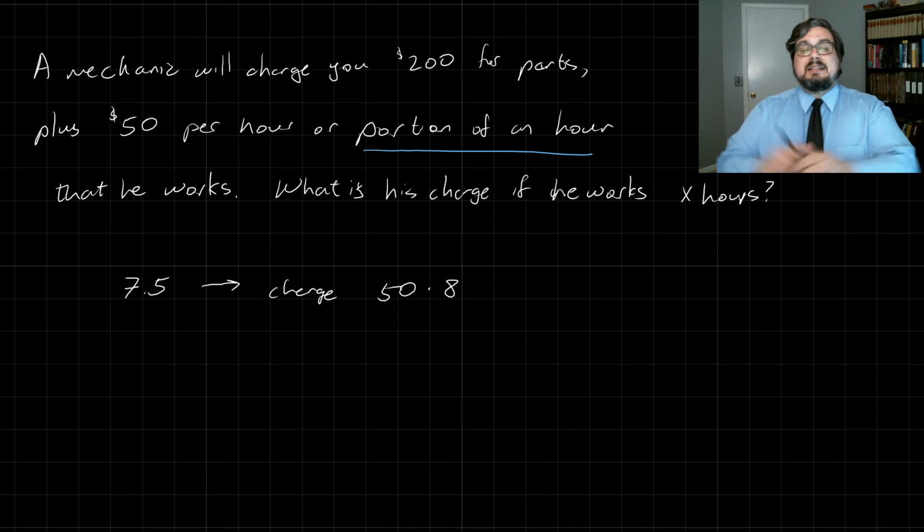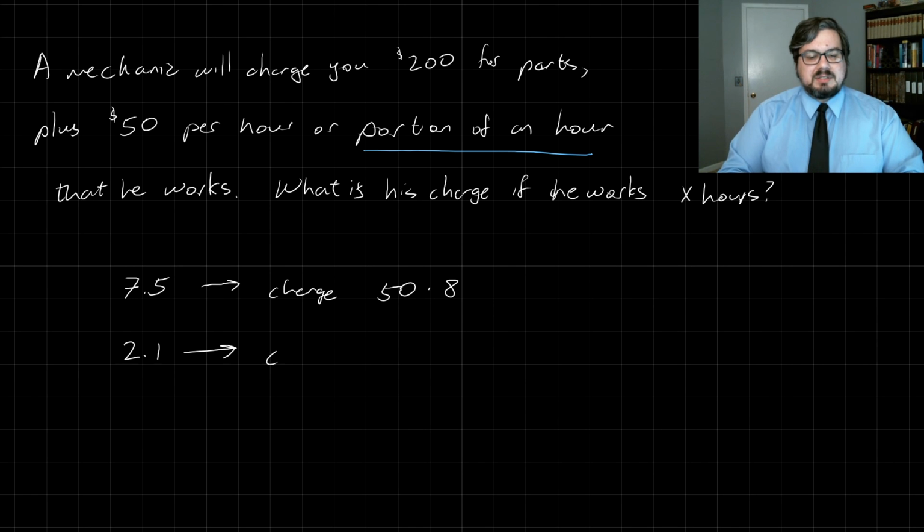So he's basically just rounding up to the next nearest hour. If he works for 2.1 hours, he's going to charge 50 times 3. So he's going to charge you for 3 hours there.